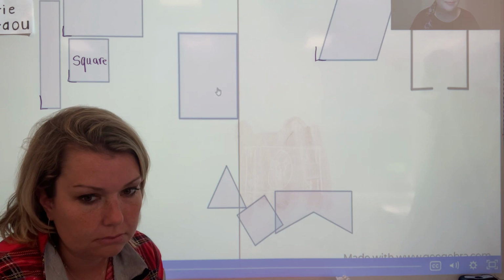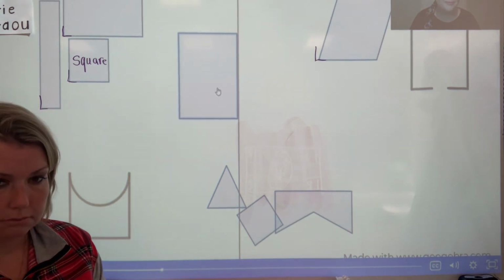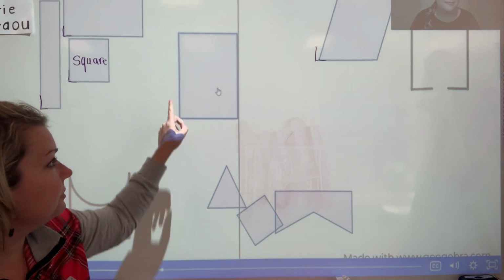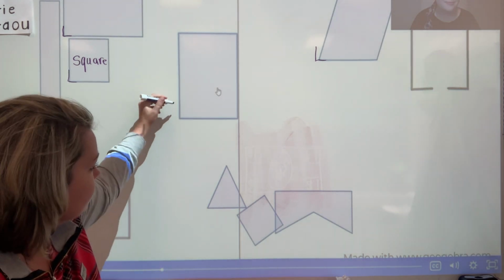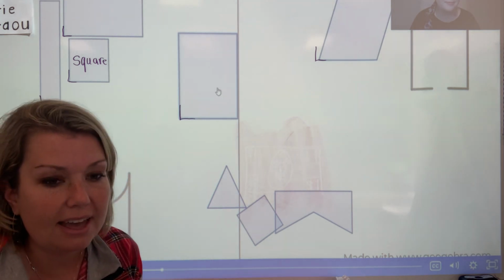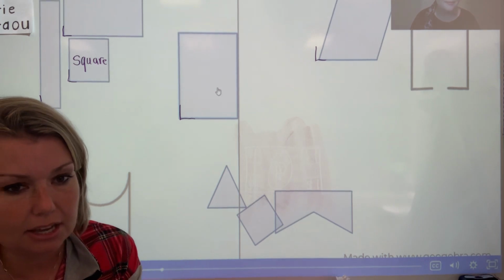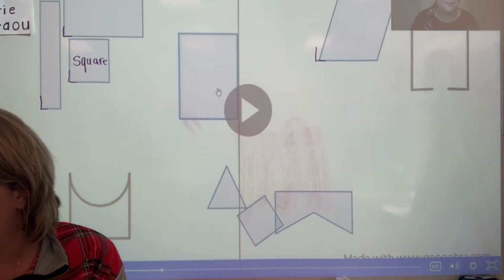Because it has 4 sides, just like the other ones, and the other shape doesn't. Okay, it has 4 sides, 4 corners, it's closed, and the corners are shaped like an uppercase or capital L. Very good. Let's see what Ms. Hawkins says.